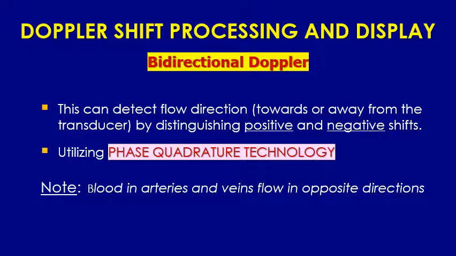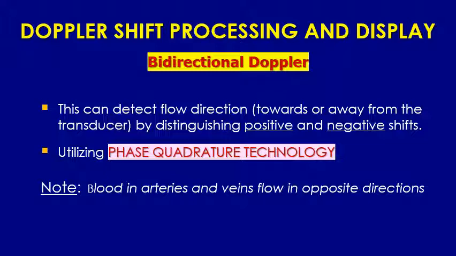So the commonest application after detecting the Doppler is the bidirectional Doppler. This is the one used in our ultrasound systems. Here we have a technology called the phase quadrature. Phase quadrature gives me an idea about the Doppler shift direction.